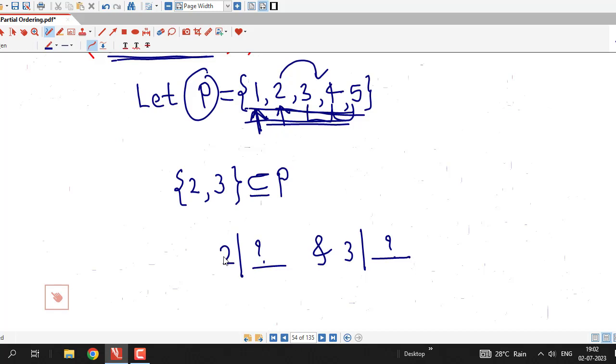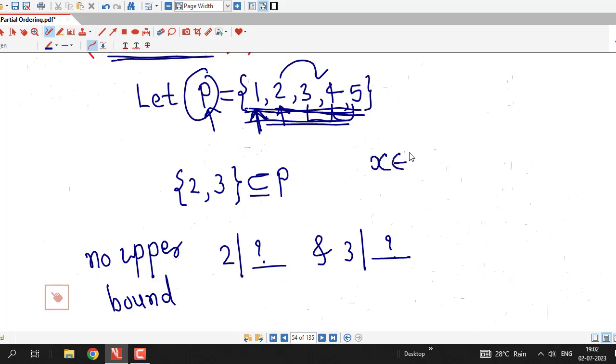What is the meaning of this? This means this set has no upper bound in the given partially ordered set P under the divisibility relation. There is no element in P which is divisible by 2 as well as 3, or there is no x in P such that 2 is related to x as well as 3 is related to x.